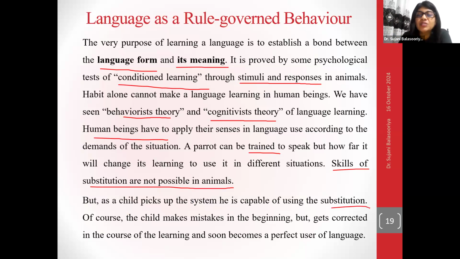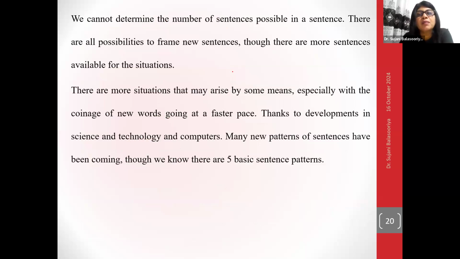Children can use substitution, and the child makes mistakes in the beginning but gets corrected in the course of learning and soon becomes a perfect user of language. So substitutions are possible in human children, which is not possible in animals.